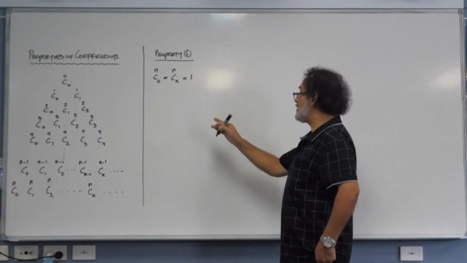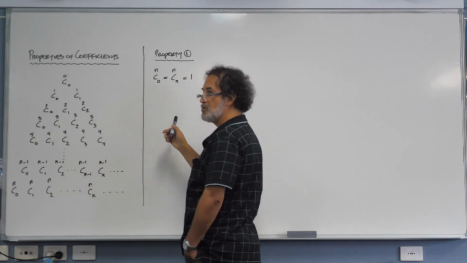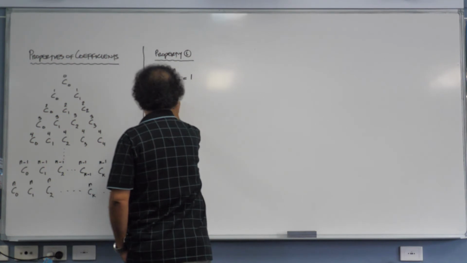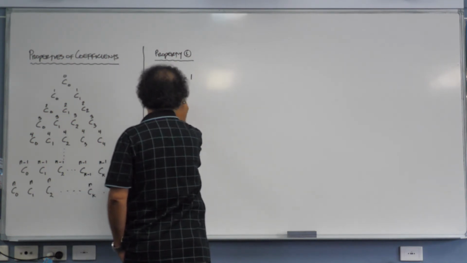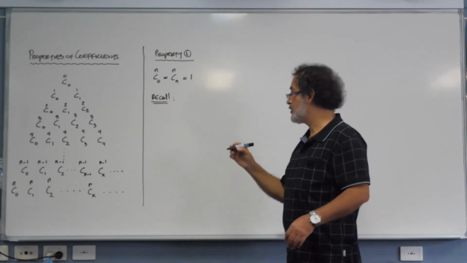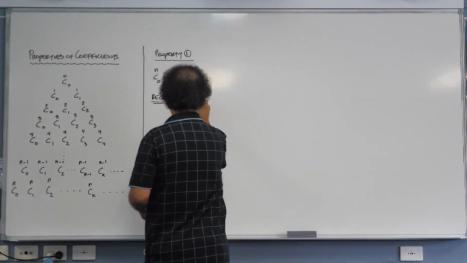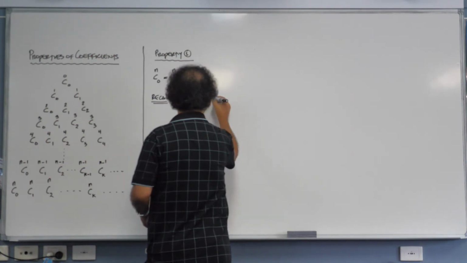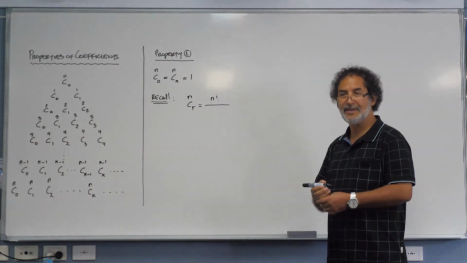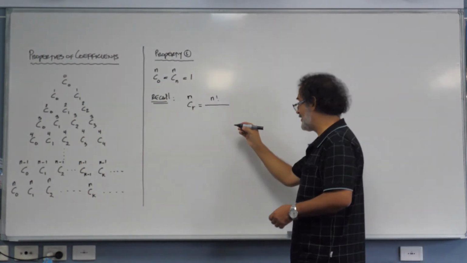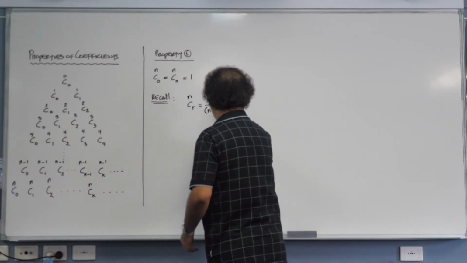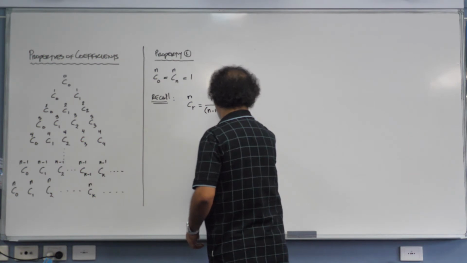All right. Okay, the way that you're going to be proving this is using the formula. Okay, so we're going to say recall. You already know that nCr is equal to n factorial on n minus r factorial, r factorial.